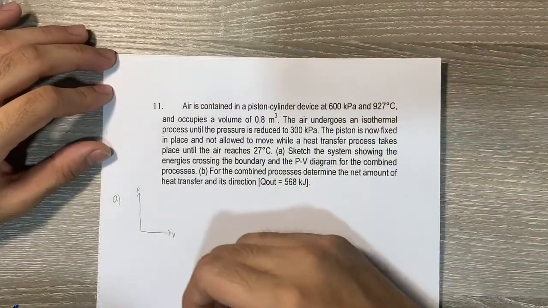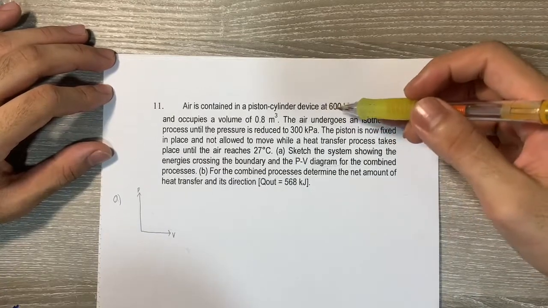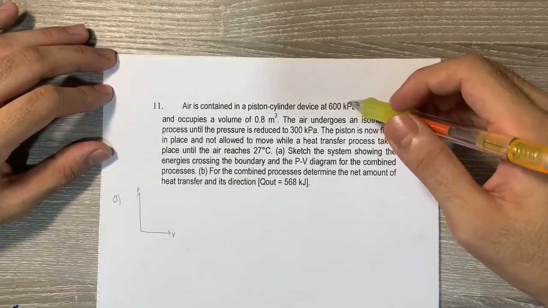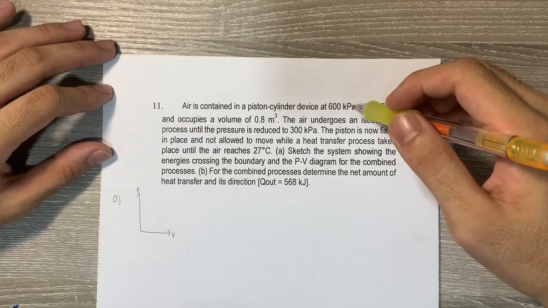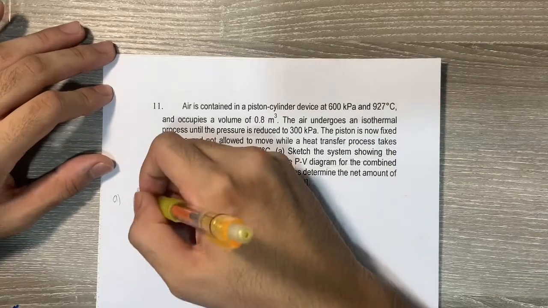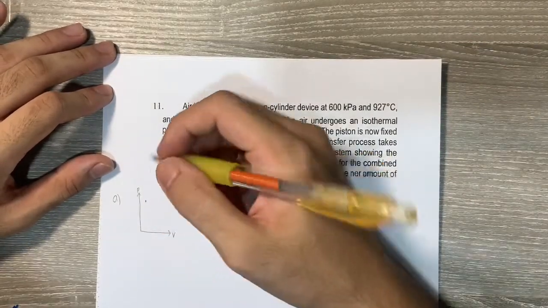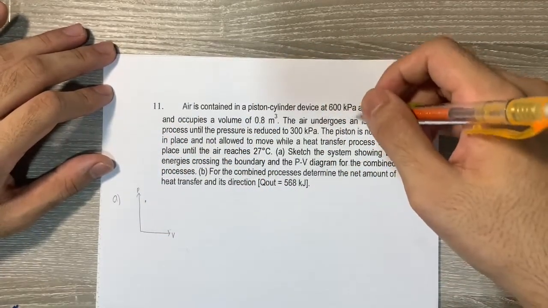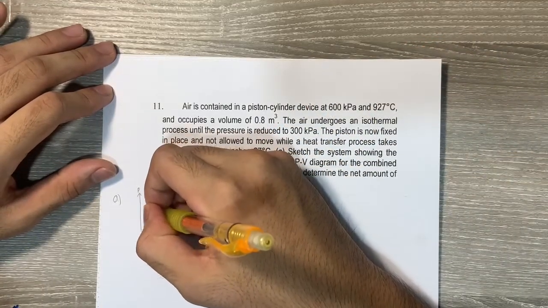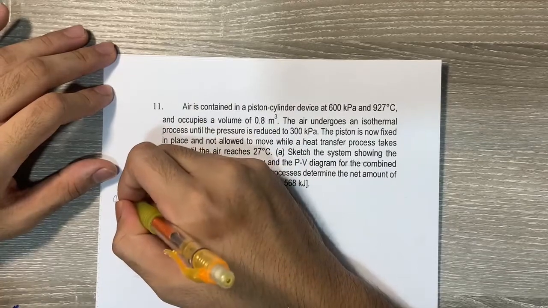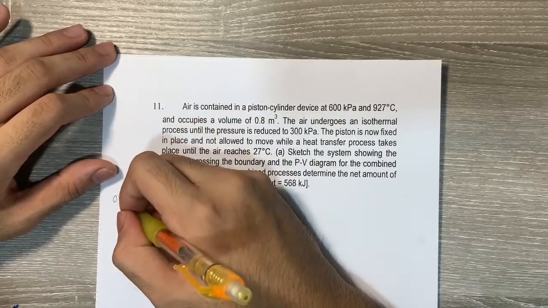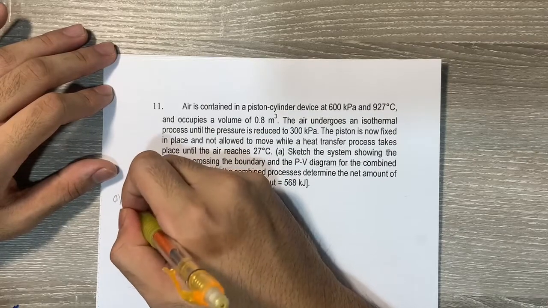So we can see here it's at 60 kPa pressure and reduced to 300 kPa. So it undergoes an isothermal process. So it will go down here from 60 kPa to 300 kPa.